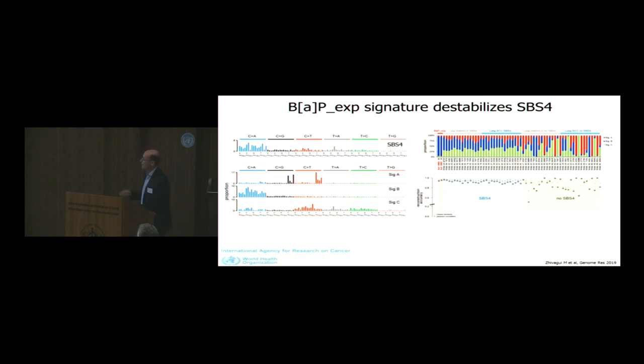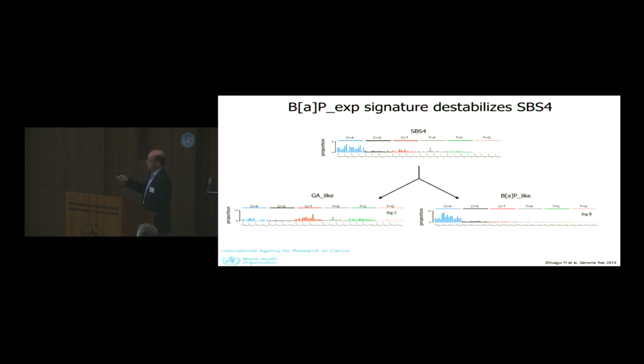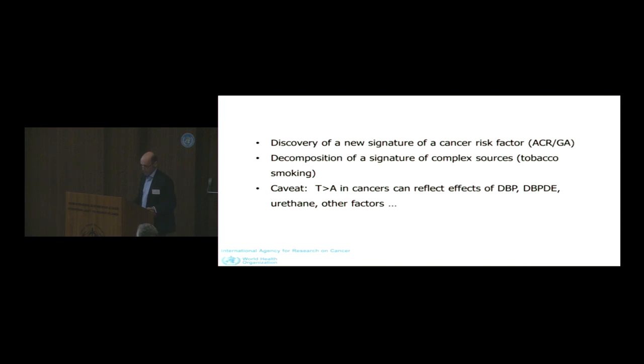So in other way, basically I can show it like this. So this is the SBS4, and after that analysis, you can see that there is a strong enrichment of the BAP-like signature, but it doesn't have that T2A anymore. And then this is maybe not the cleanest separation, but you can see that the T2A separates from the C2A. So the usually very stable SBS4 actually can be decomposed by adding a very strongly defined experimental BAP-only signature.